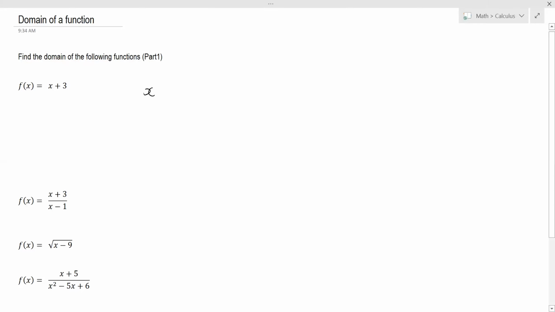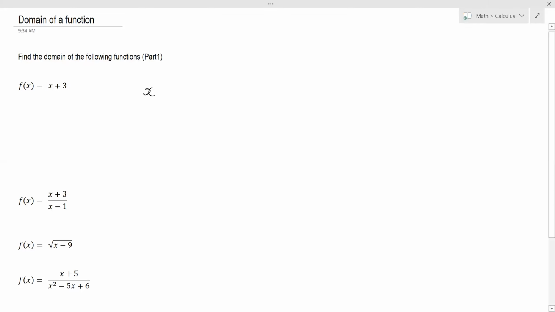You can't really do this mathematically. So if this is equal to 0, then the function is undefined. For the domain of this function, we will have to make sure that this is not equal to 0.